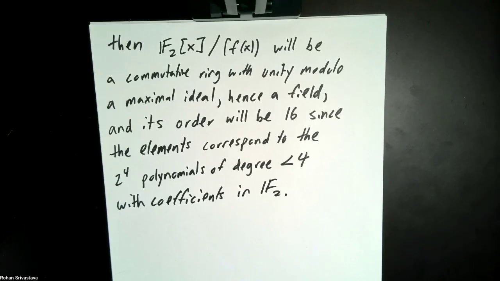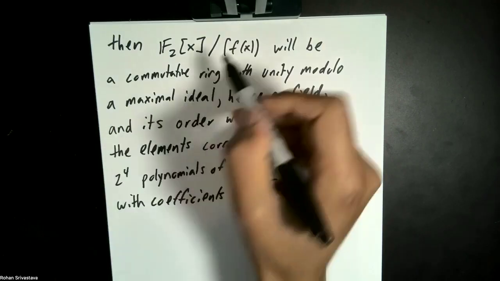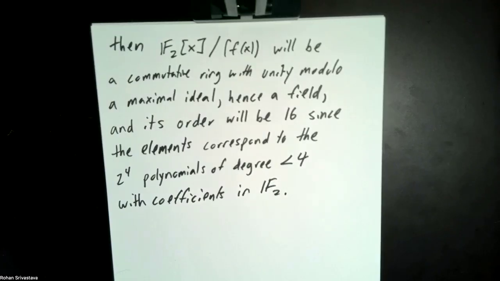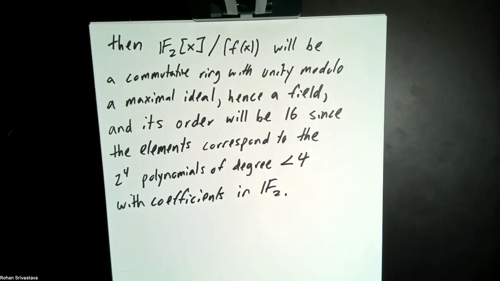And then to add and multiply elements in this field, you essentially add or multiply the polynomials as you would, reduce the coefficients mod 2, and then consider the remainder when you do division by the polynomial f of x.